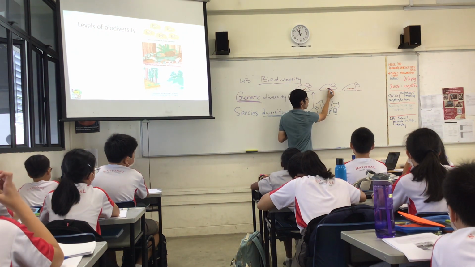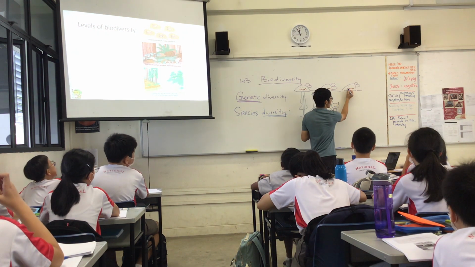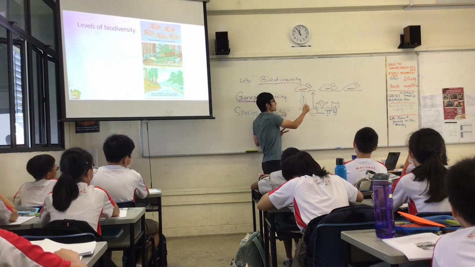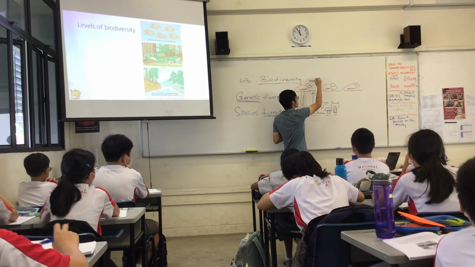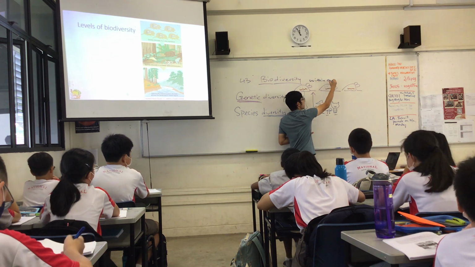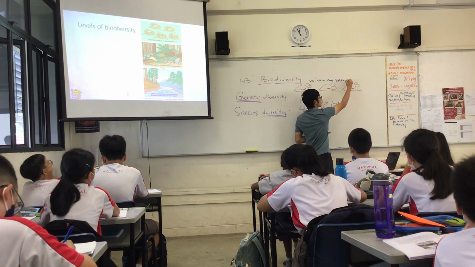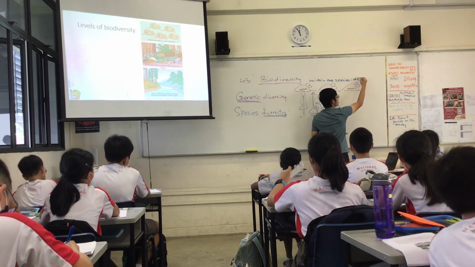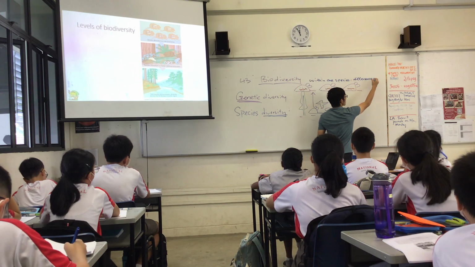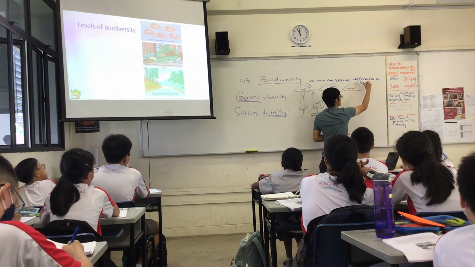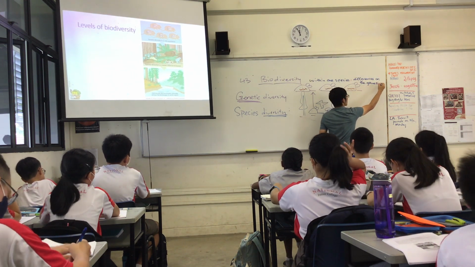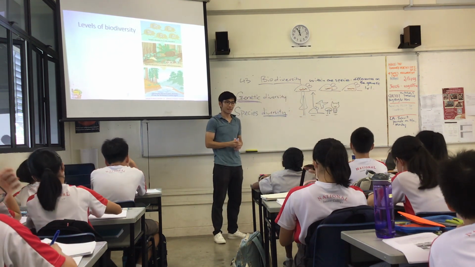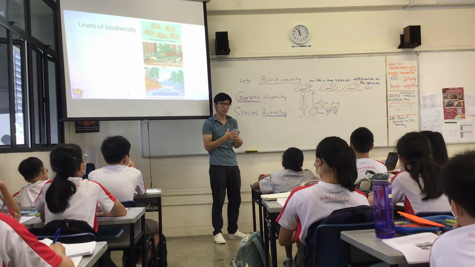Maybe this mouse has two differences over here, maybe one over here like that. Within a single species, there can be differences on the genetic level. That is diversity on a very small scale.